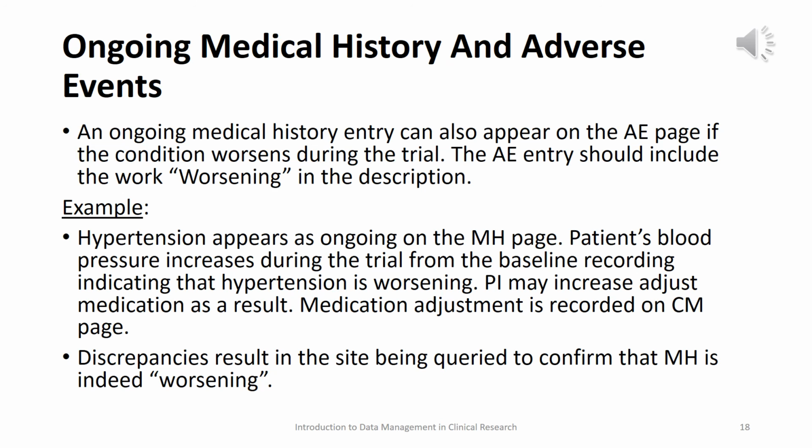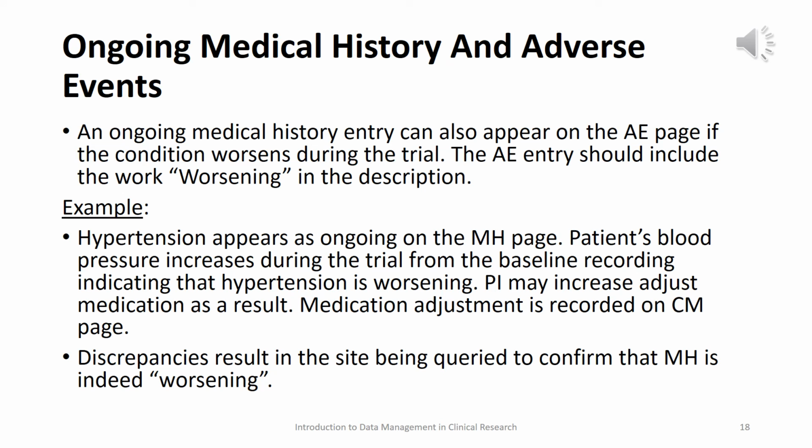For example, hypertension appears on the ongoing medical history page. The patient's blood pressure increases during the trial from the baseline recording, indicating that hypertension is worsening. So the PI may increase or adjust the medication as a result, and the medication adjustment is recorded on the concomitant medication page.